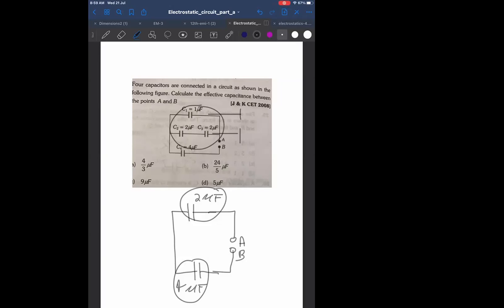Just 2 and 4 are in series between A and B. So if you solve this, tell me what will be the answer.